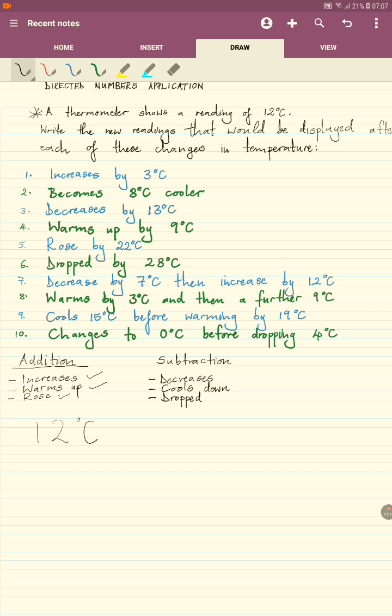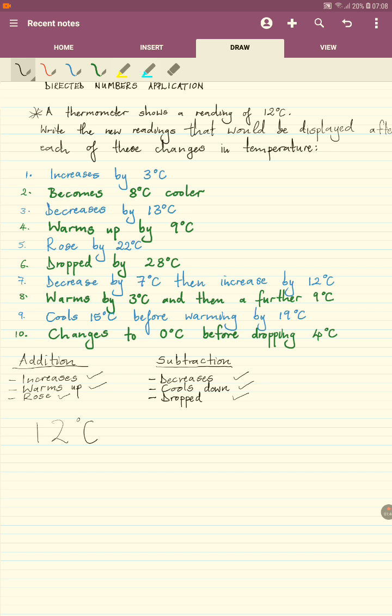Rose is from the word rise, and when something is rising, it's going up, so it's the same as addition or adding. And also you're going to realize we have words that mean the same thing as subtraction: decreases, cools down, and dropped. When something is dropping, it's going down. When something cools down, it means the temperature is going down. So it's the same as subtraction or subtracting.